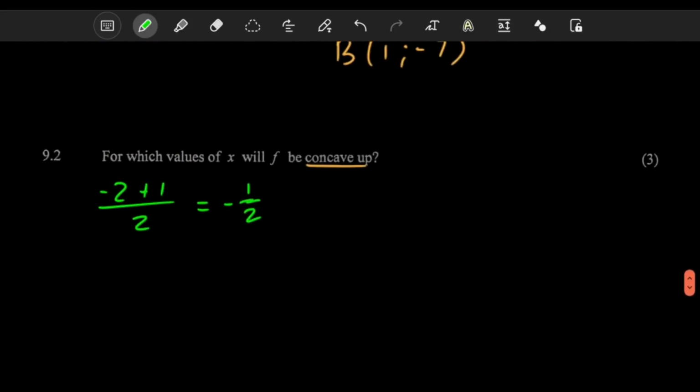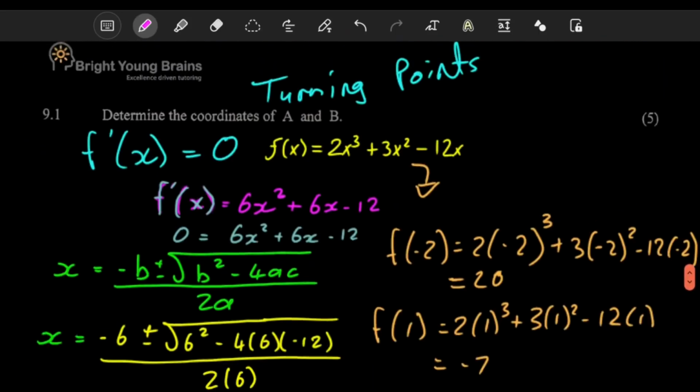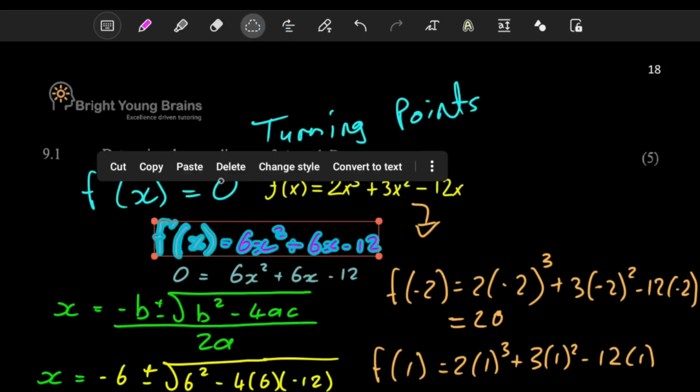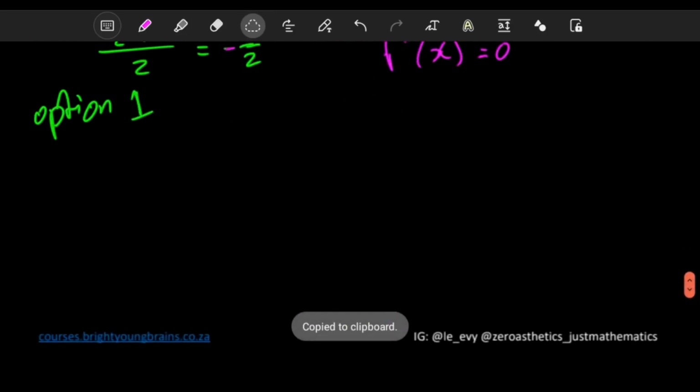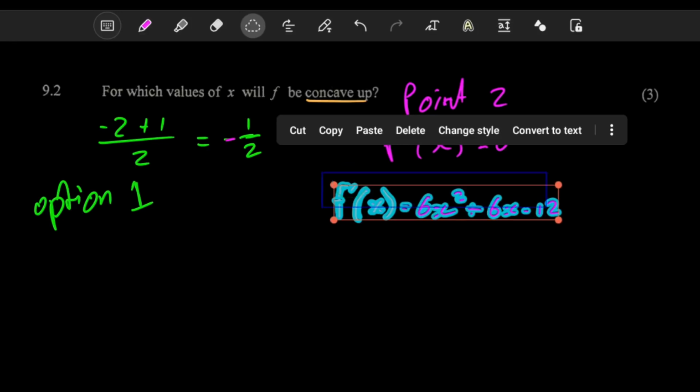I can label this option 1, but I might as well show the other option just in case, so people don't wonder what I'm doing. The second option is the main one, which is a bit longer. You differentiate twice and then make your equation equal to 0. We already have our equation differentiated once, so let's copy and paste it over here.